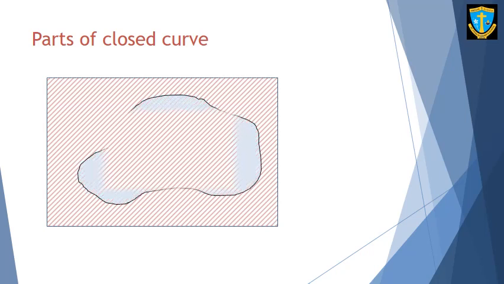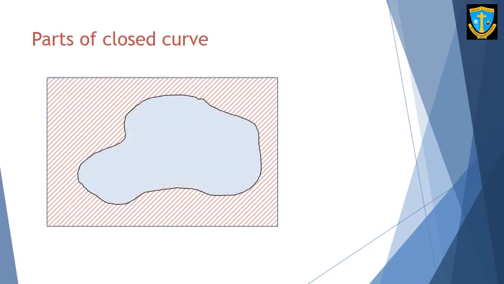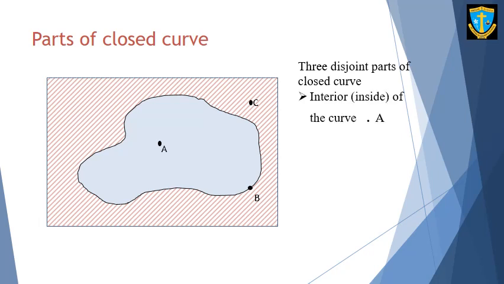Parts of a closed curve. If you have drawn a closed curve, just a drawing with our hand, let us see the parts of the closed curve. We can mark three regions of the curve. The first region, point A, is called the interior of the curve, the inside region of the curve, where point A is present.